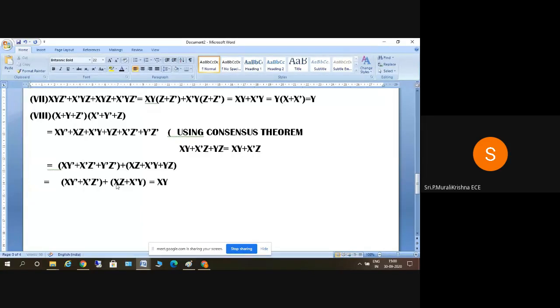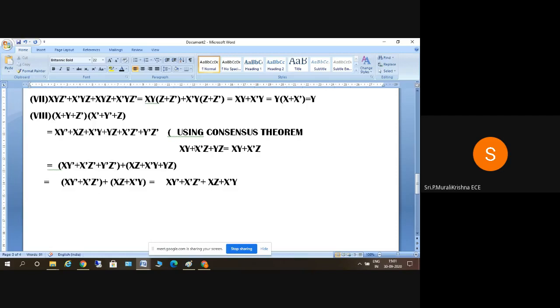The final simplification: remove these brackets here. This total simplification is based on the consensus theorem. What is the consensus theorem? It is a simplification like this.